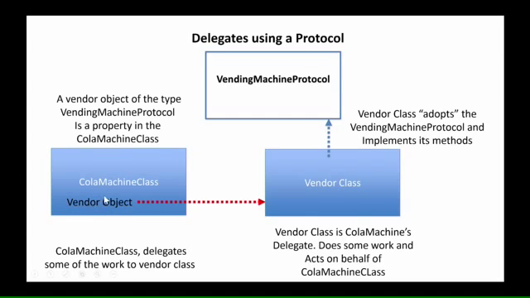So in other words, the property here is actually a variable that points to a vendor class object. Okay? Or in other words, a vendor object of type vending machine protocol is actually a property in the cola machine class. Now, if that all sounds a bit complicated, let's take an example, and maybe it will become clear to you how we do delegation using a protocol.